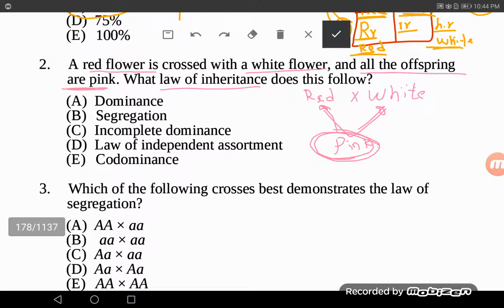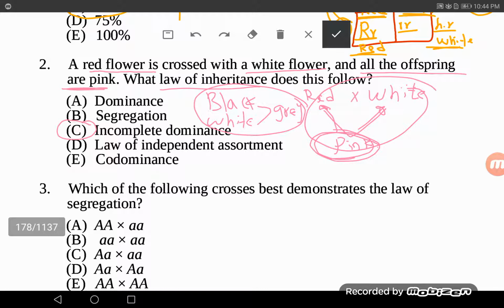For example, when we have a black color and a white color, when we cross them it will be gray. So this is a case, and this is a case. In which case does this happen? This is incomplete dominance. From its name, it's not complete.